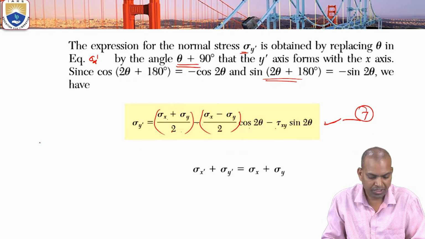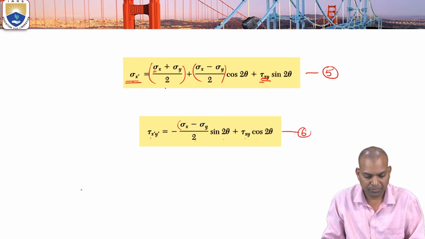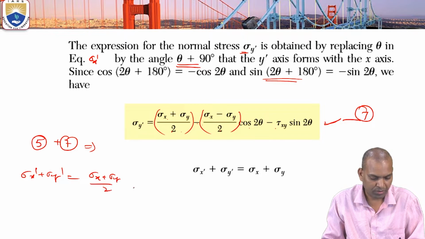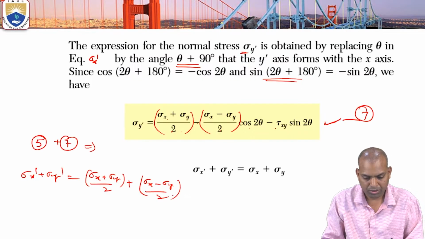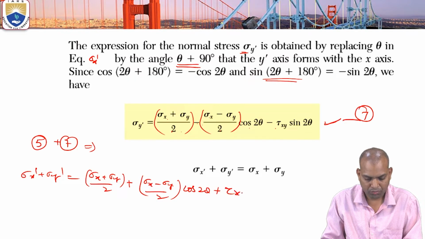Then the sum of equation 5 and equation 7, what does it come to? That is sigma x dash plus sigma y dash equal to, the sigma x dash term is sigma x plus sigma y by 2 plus sigma x minus sigma y by 2 cos 2 theta plus tau xy sin 2 theta.